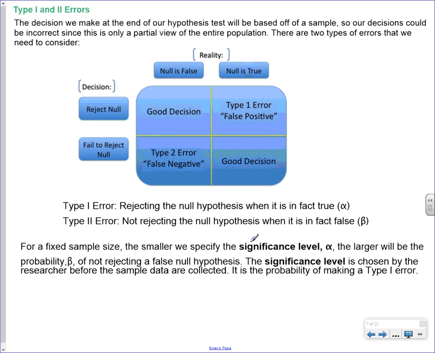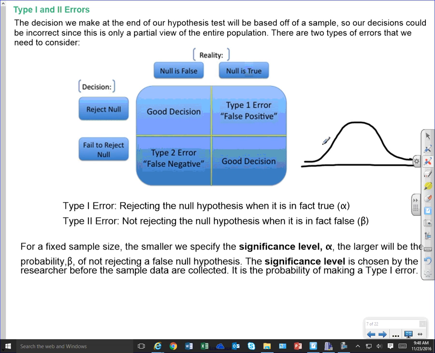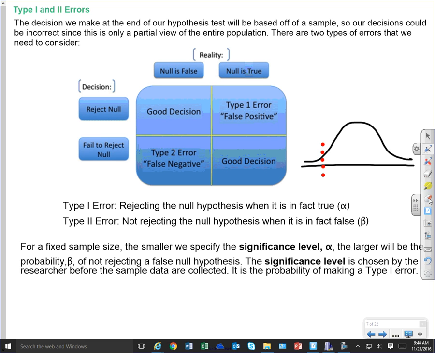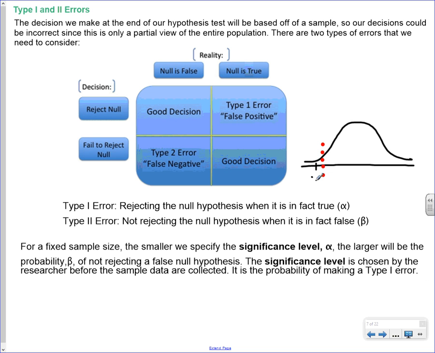Okay, now when we have made our decision at the end, let's say we had this here. We created our rejection region using our critical value, and we got a mean over here. This is our mu from the null hypothesis.